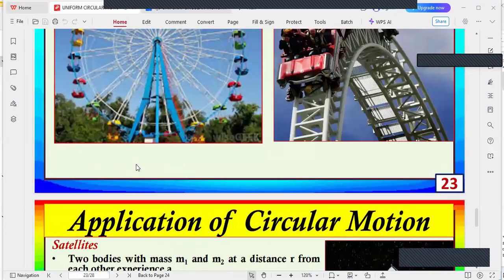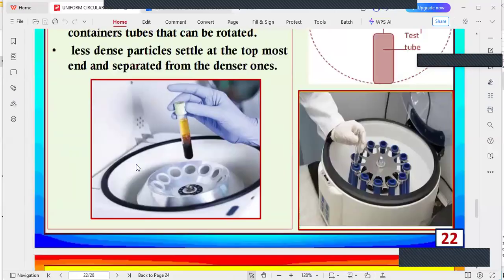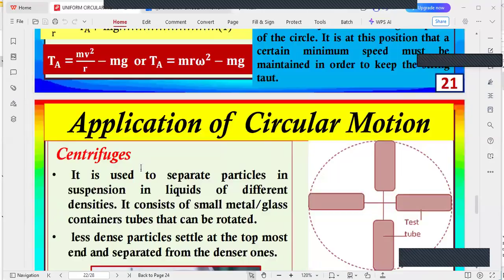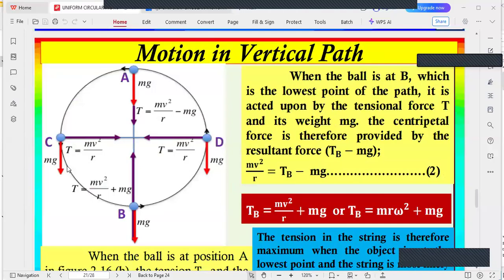Something that I didn't mention is there's a difference between critical speed and, let me use this example. Critical speed applies to the speed required to retain a body in motion on a circular path.